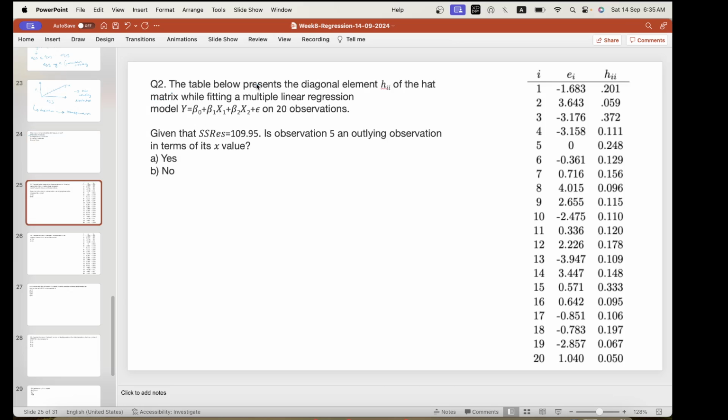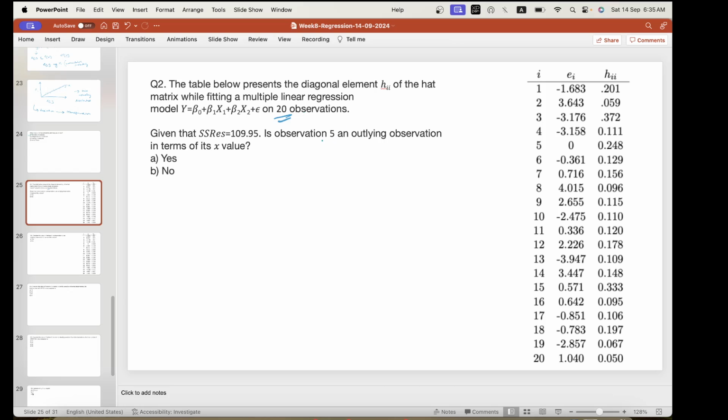Here the table below represents the diagonal elements hii of the hat matrix while fitting a multiple linear regression model y equal to beta naught plus beta 1 x1 plus beta 2 x2 plus epsilon on 20 observations. Given that SS residual is 109.95, is observation 5 an outlying observation in terms of its x value?